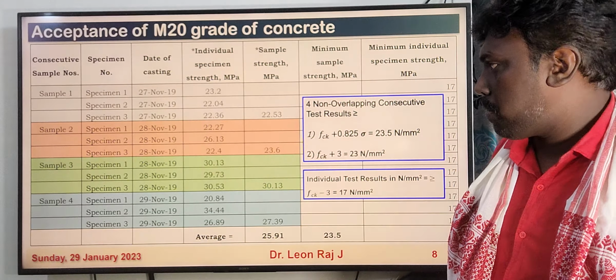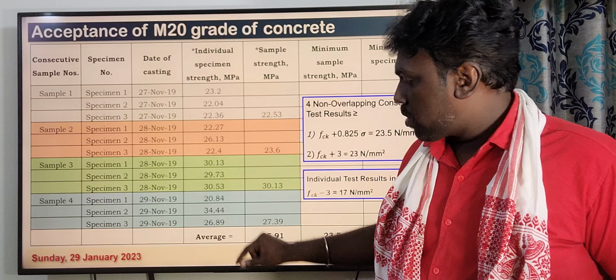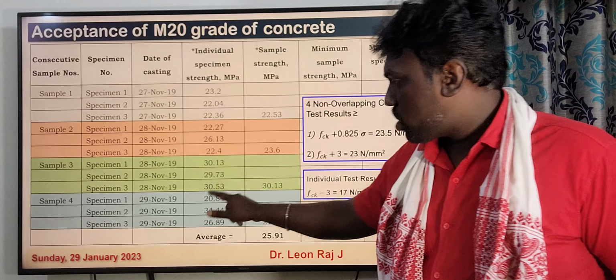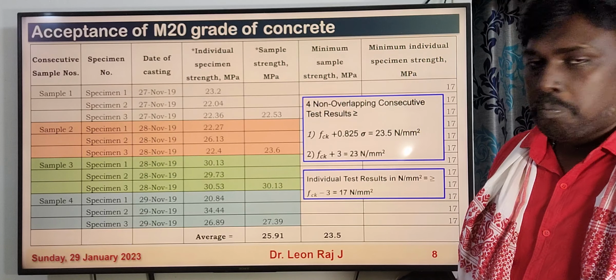For sample 3, the individual specimen strengths are 30.13, 29.73 and 30.53 MPa. The average of 3 specimens is 30.13 MPa. For sample 4, the individual specimen strengths are 20.84, 34.44 and 26.89 MPa. The average of these 3 specimens is 27.39 MPa.